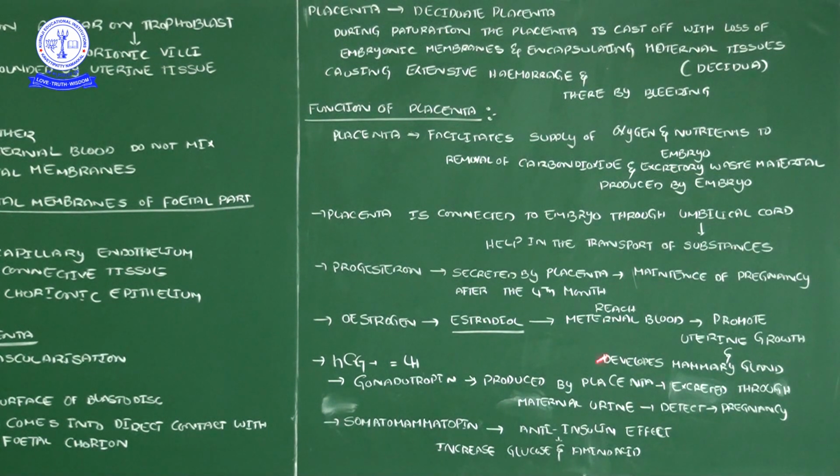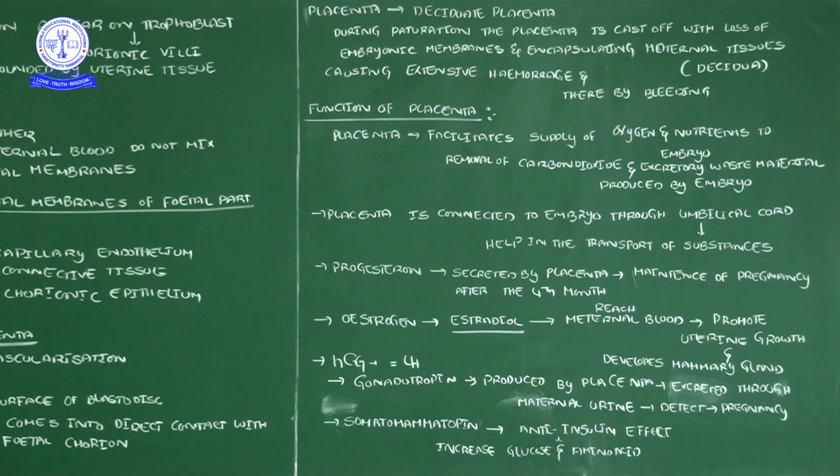Okay, then the next hormone is estrogen, also called estradiol. This estradiol is released by the placenta. After release, it mixes in the maternal blood, nothing but the mother's blood, and promotes uterine growth.